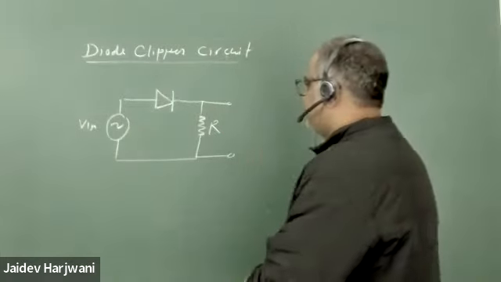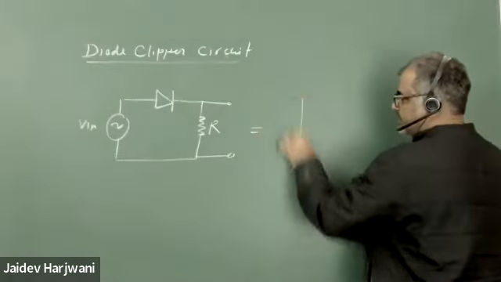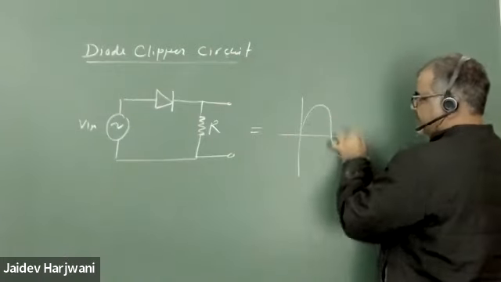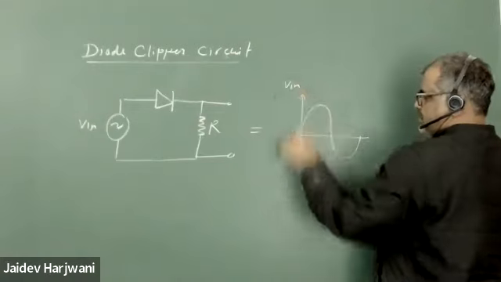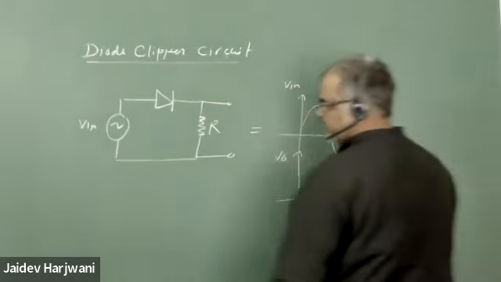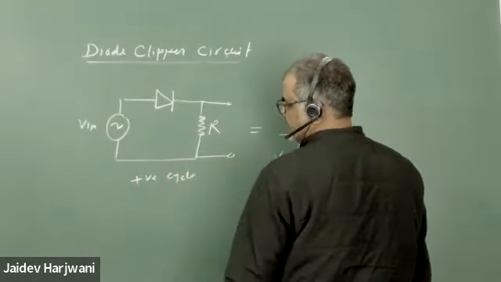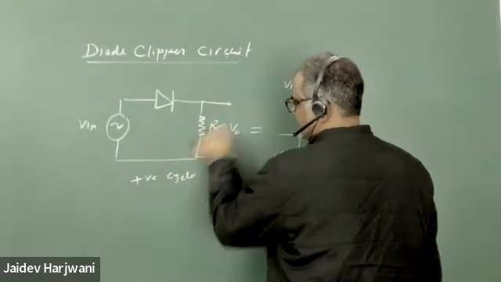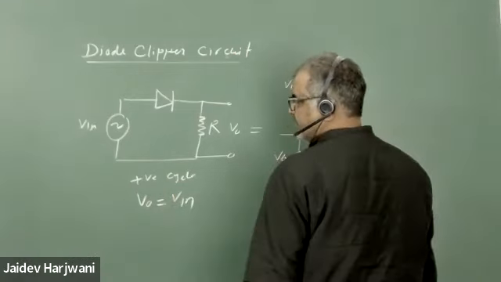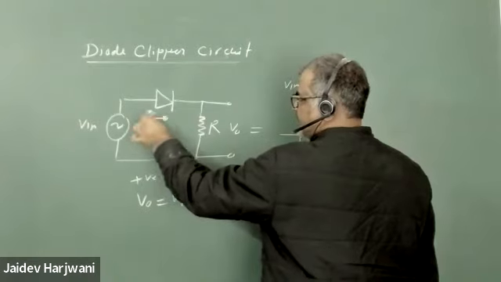So for example, if I plot here my input and output, suppose this is my input, and if I plot my output, for the positive cycle, I'll get V output equals V input, because in the positive cycle, assuming this is an ideal diode, it will be conducting.